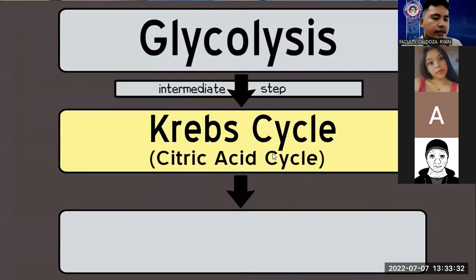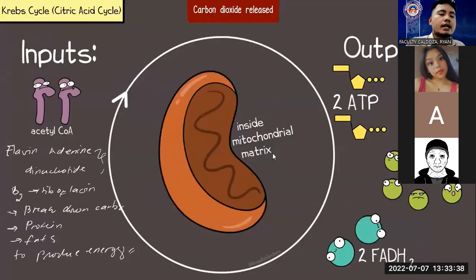In the citric acid cycle, the acetyl-CoA is about to enter, and for output, we have another set of 2 molecules of ATP and 6 molecules of NADH, additional molecules and new enzymes na tinatawag nating FADH. Okay? Ang ibig sabihin ng FADH ay flavin adenine dinucleotide.